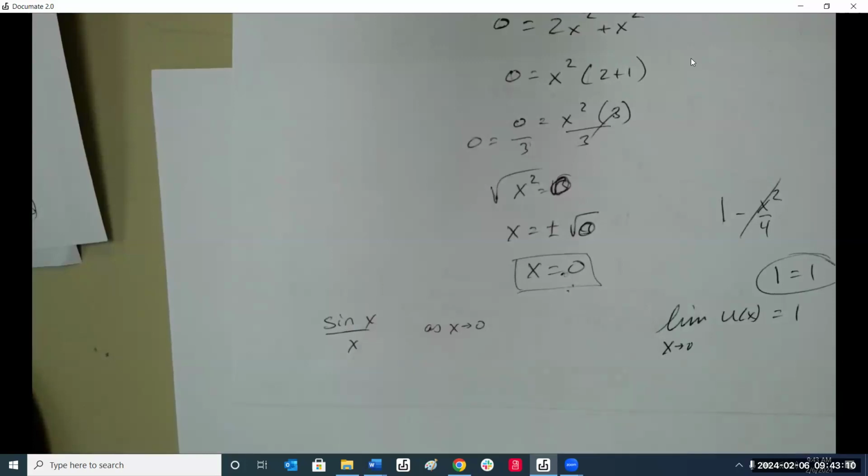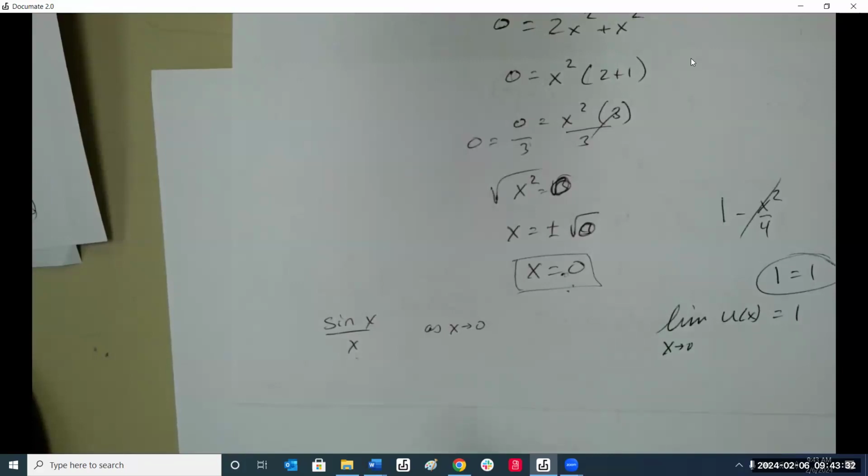As x goes to 0, what do we get? Sine of 0 over 0, so 0 over 0. Ooh, that means something we can do. We can't factor, because you can't factor sine x.